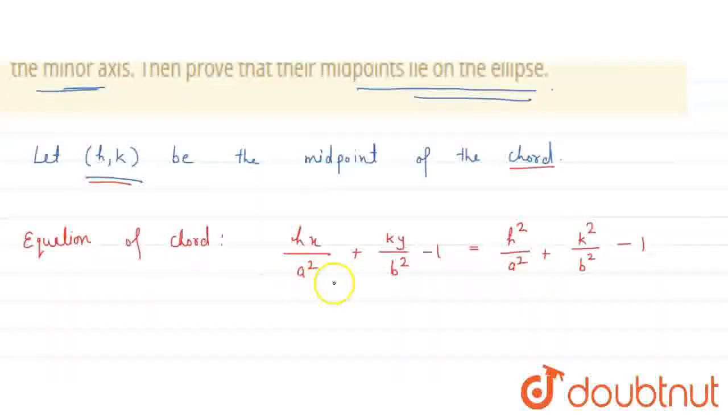So this is the standard equation of the chord when midpoint is given h comma k.